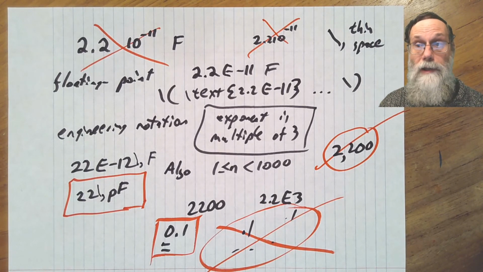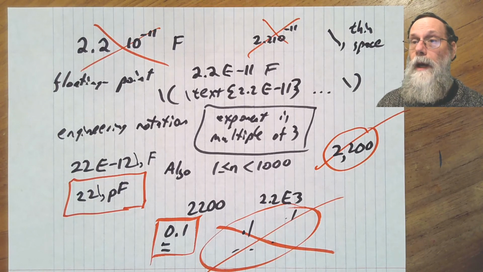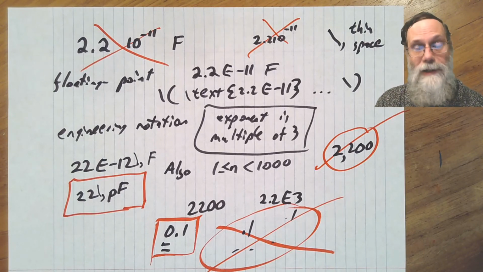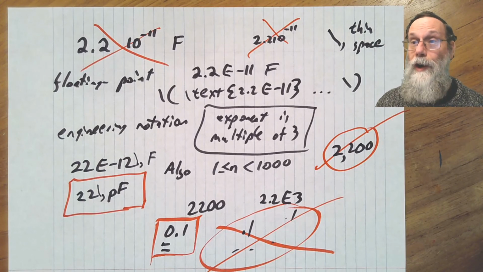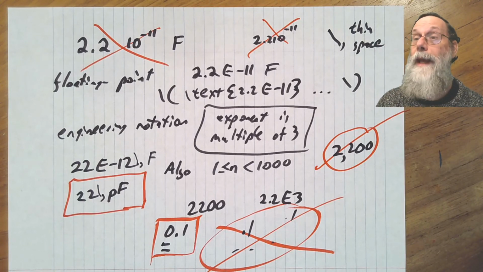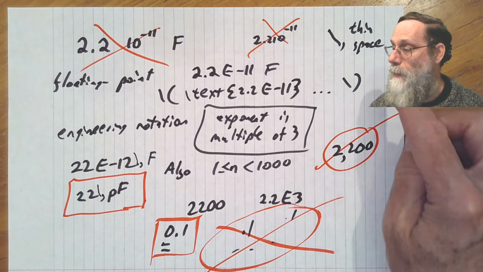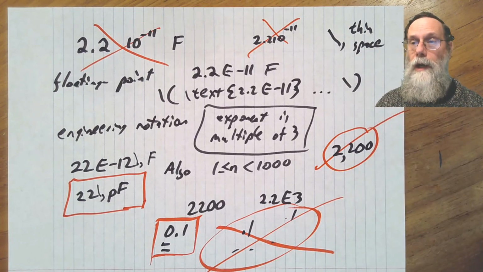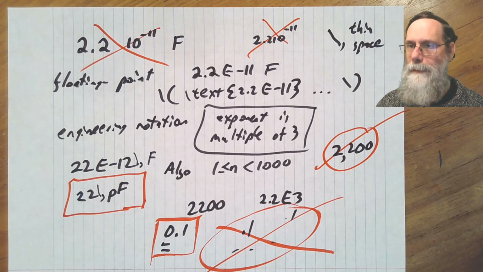That also has the advantage, if you use a thin space there, that the thin space is not breakable, so you won't get a break at the end of a line, so you have 22 at the end of a line and picofarads appearing on the next page. I have seen students do that. It's really, really hard to read things where the units are on a different page from the number. So using the thin space to separate the number from the units has the advantage of getting rid of the breakability of the space and keeping the numbers and the units together.